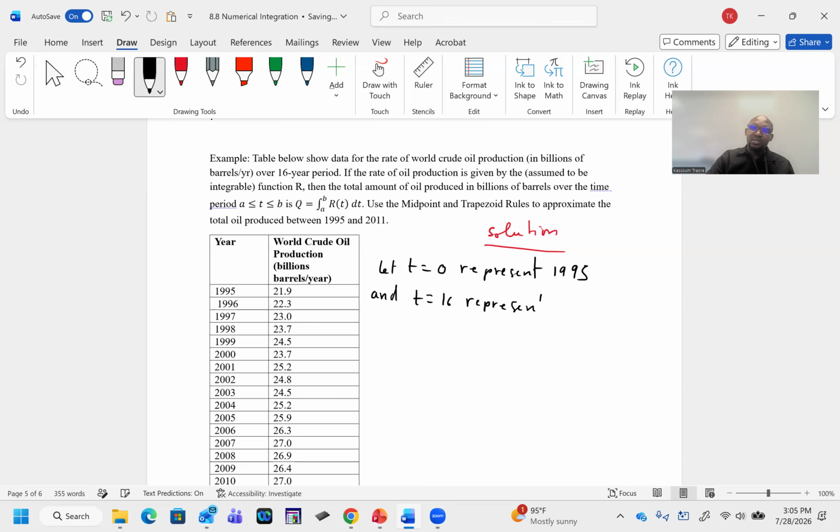Those are time, right? And we let R(t) be the rate of oil production in the year corresponding to t. So you can see we have t is 0, t is 1, t is 2, and so on, right?